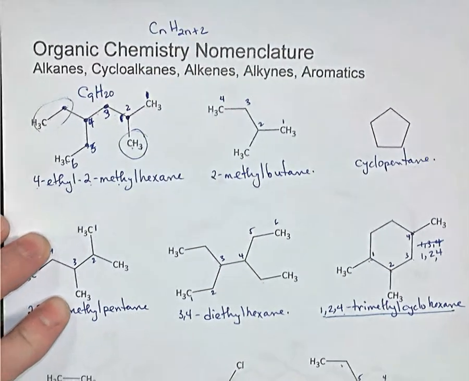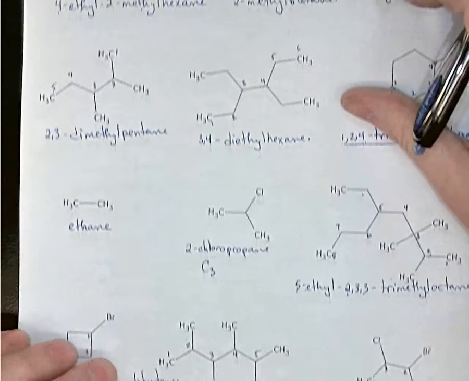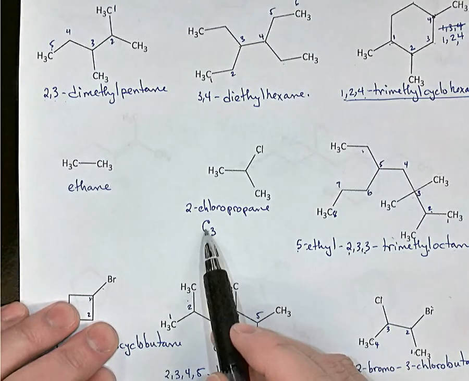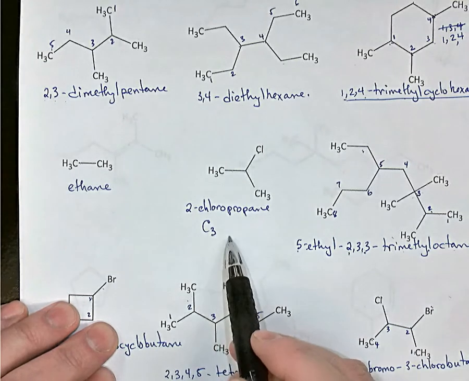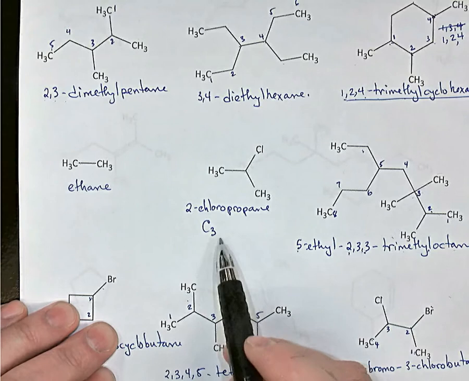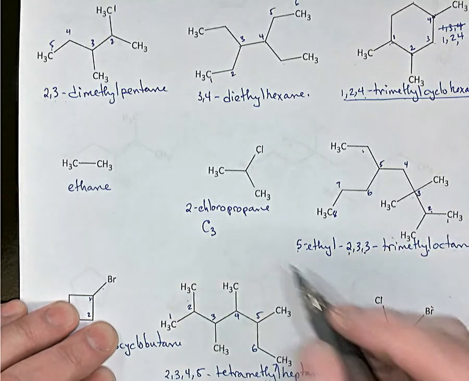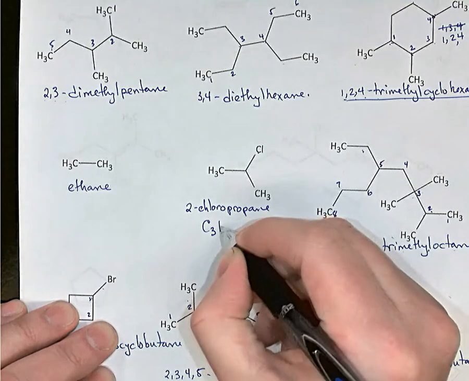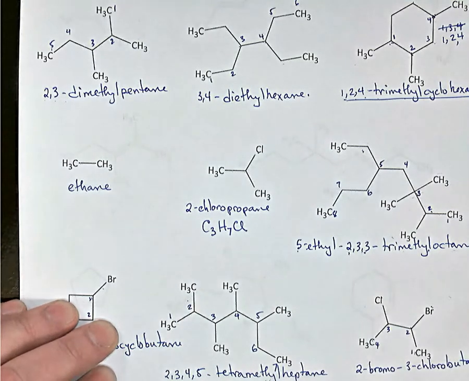The number of hydrogens is twice the number of carbons plus 2. So coming down here, if this were just propane, it would be C3H8. 2 times 3 plus 2 is 8. But there's a chlorine that has replaced one of the hydrogens. So instead of H8, we'll get H7 and then a Cl attached.